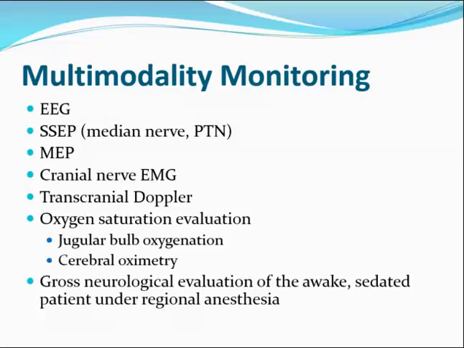In some practices, they also do motor evoked potentials. There's nothing against that because it's also an indicator of blood perfusion to the brain. Some practices do not include motors, but it's not like it's not a good idea. You can use motors, SEPs, EEG.